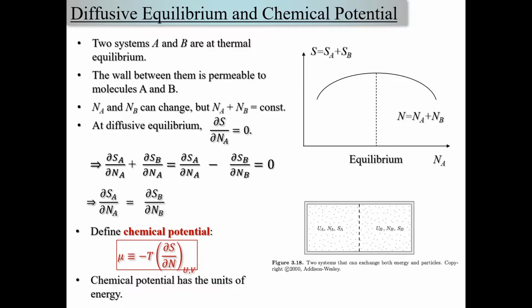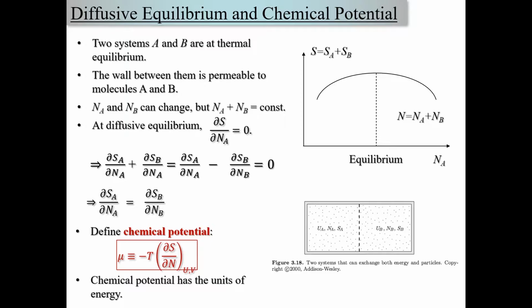We will again assume that this system is in thermodynamic equilibrium, so the same temperature on both sides. And what we want to do is allow the system to trade particles back and forth until it reaches an equilibrium state, and that is the state with the highest number of microstates and therefore the highest entropy.